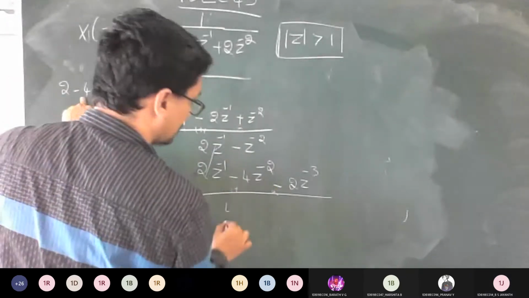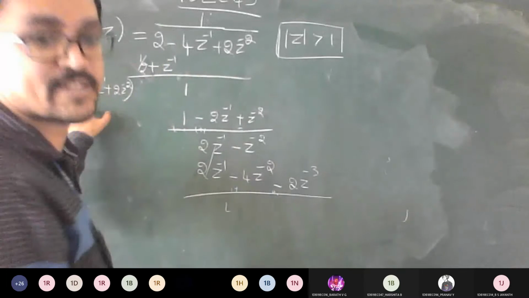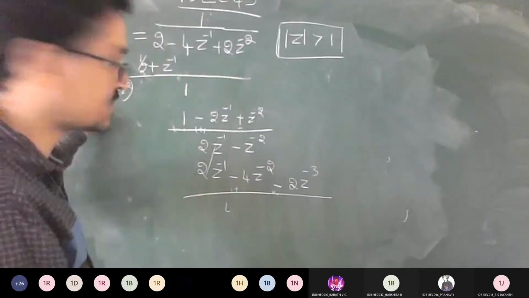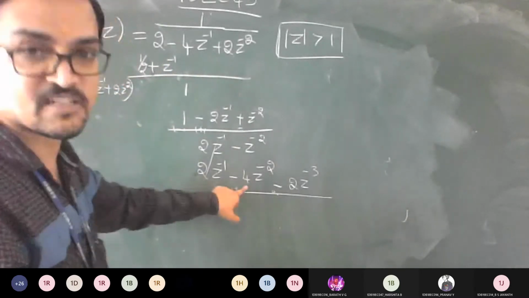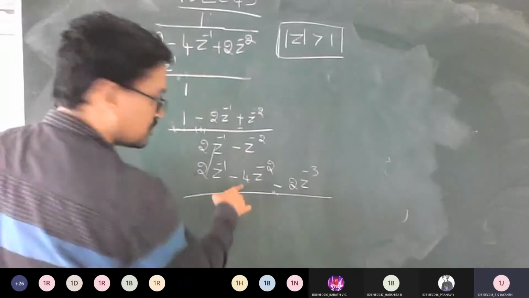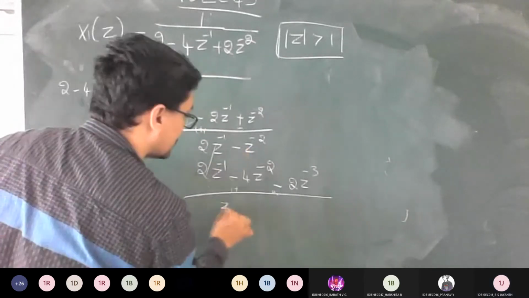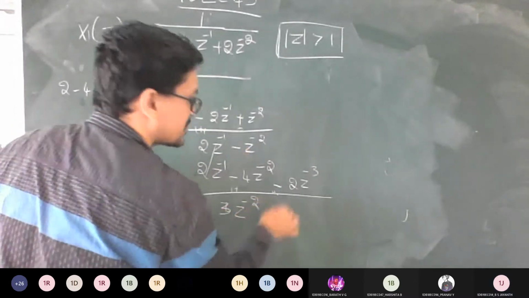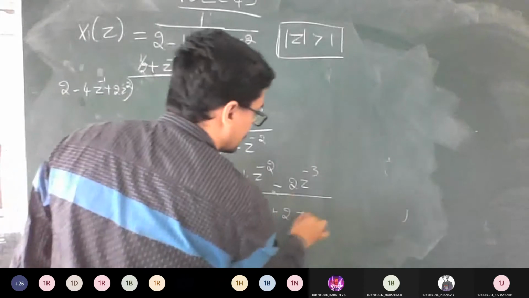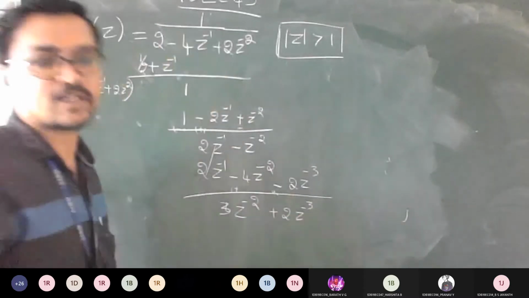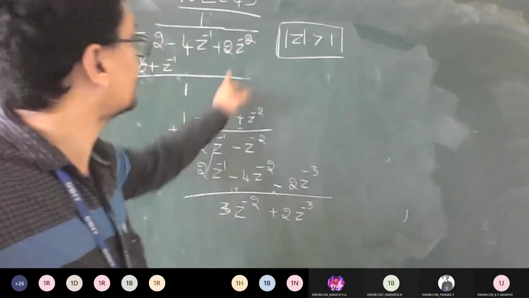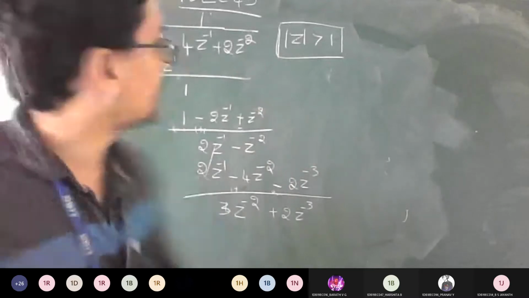So how much is this? Is it 5z power minus 2 or 3z power minus 2? This is 4 minus 1, so it's going to become 3z power minus 2, again plus 2z power minus 3. Okay? So likewise, you show at least for 3 to 4 iterations, then you can write continuously, not an issue.